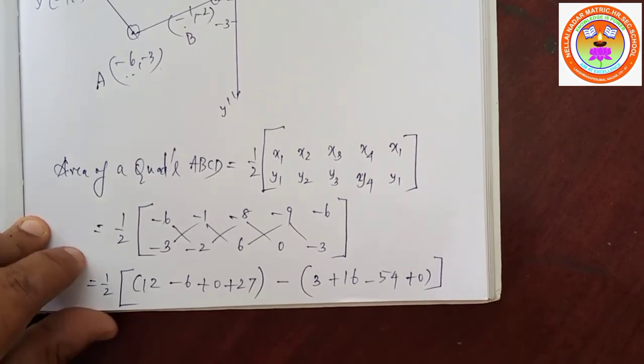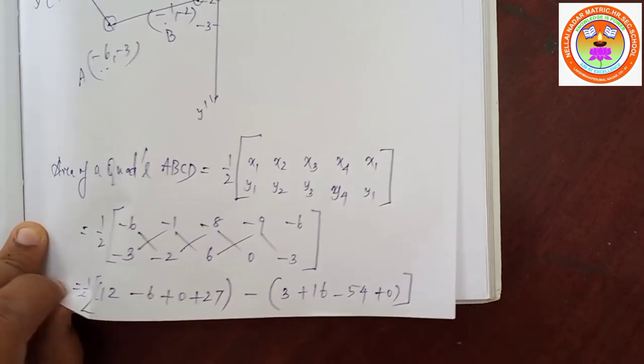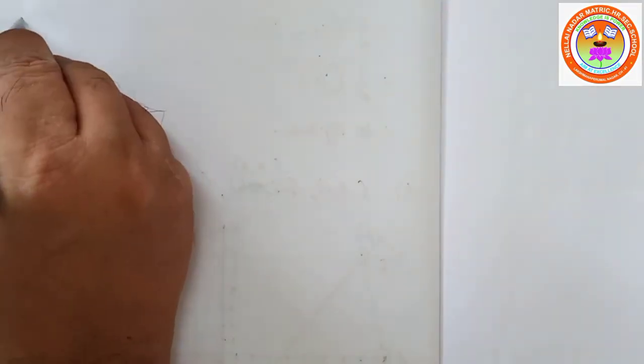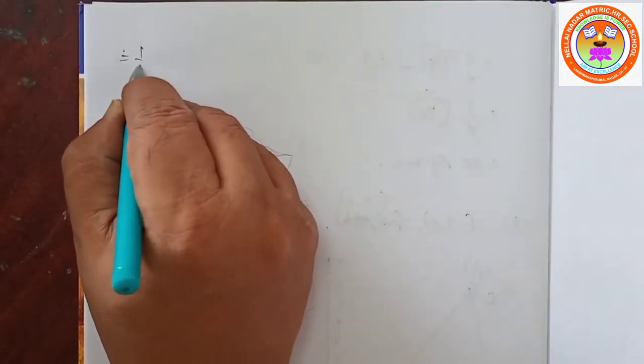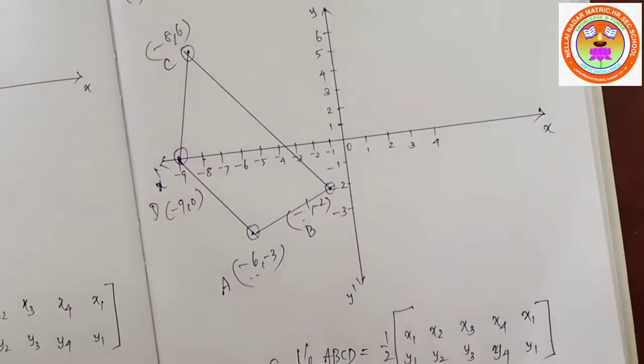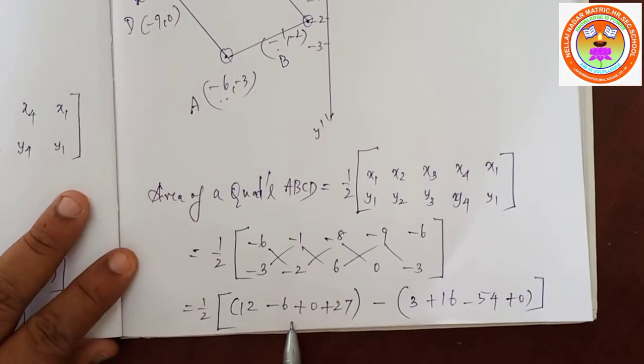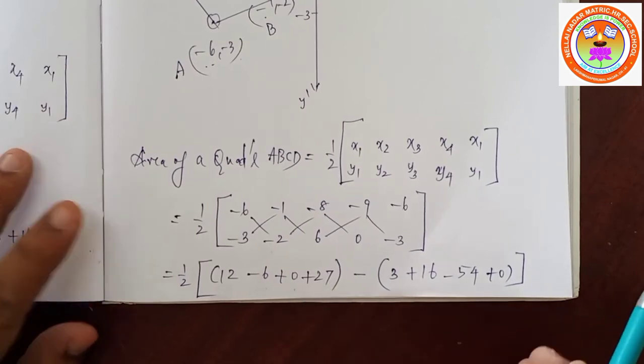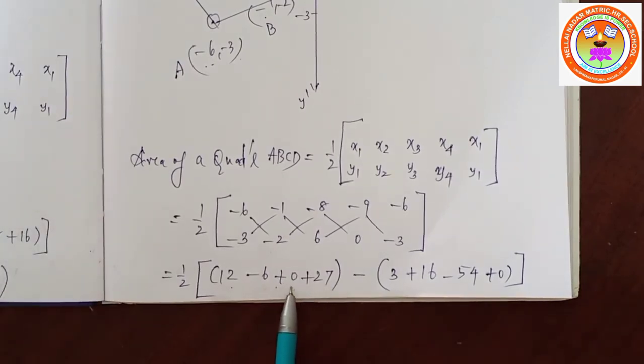Write half into, write all the numbers. 12 minus 6 0 27. 12 minus 6, we can eliminate the 0. Straight away we can write 27. 12 minus 6 27.